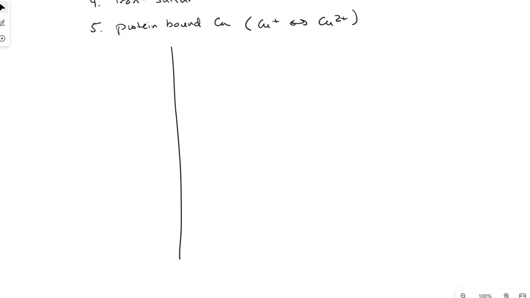On this axis, we have our reduction potential in millivolts, with neutral being 0, so about plus 200, plus 400, plus 600 millivolts, and then we have minus 200, minus 400 millivolts of potential.